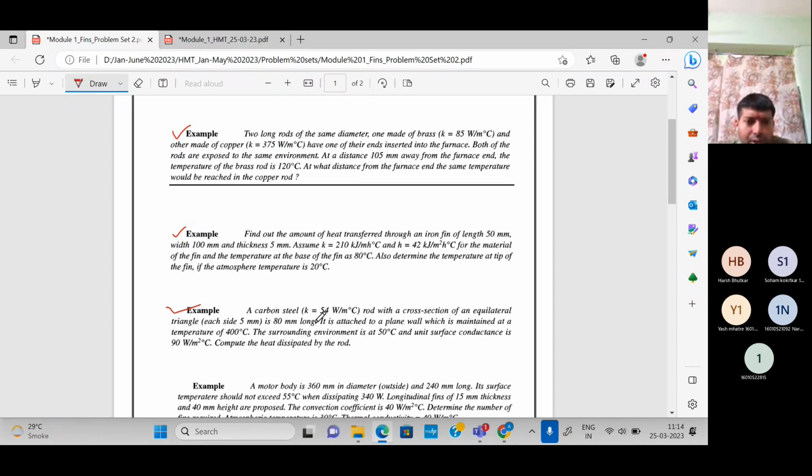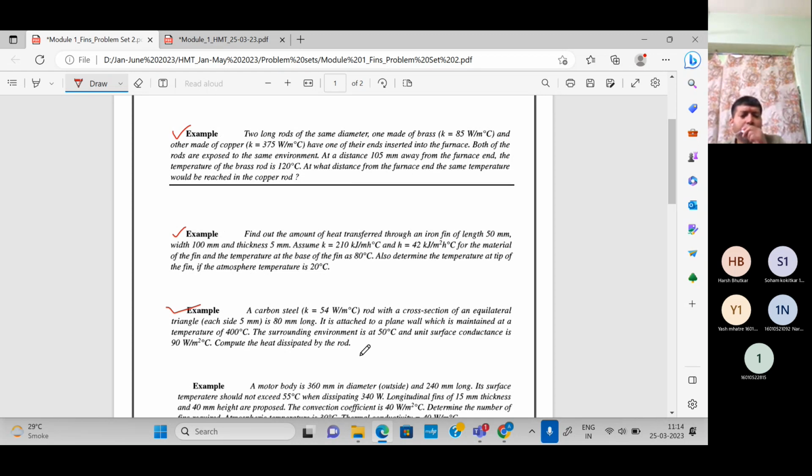Carbon steel thermal conductivity is given. Equilateral triangular cross section is given. It is attached to a plane wall which is maintained at this temperature. Surrounding temperature is given as this, and the unit surface conductance is given as this. Now compute the heat dissipated by the rod. Okay, so you can see here the length is given, 80 mm long.